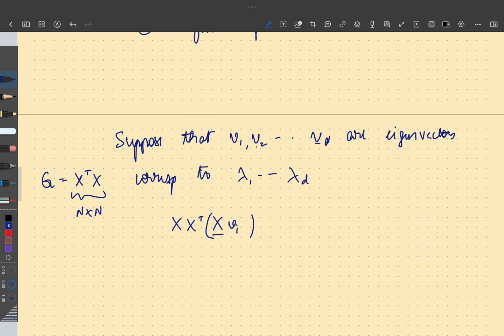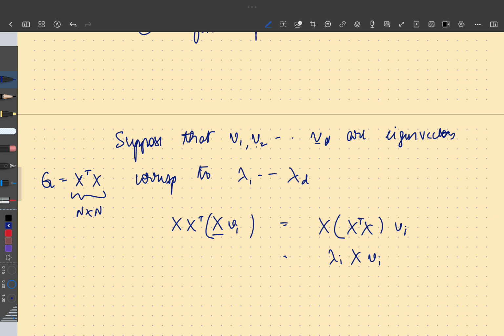This is equal to X times X transpose X times Vi, which is nothing but lambda i times X Vi.